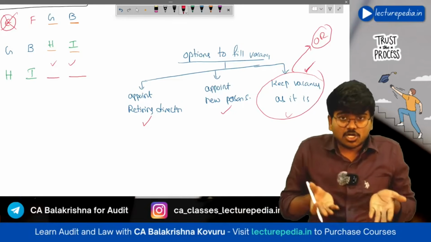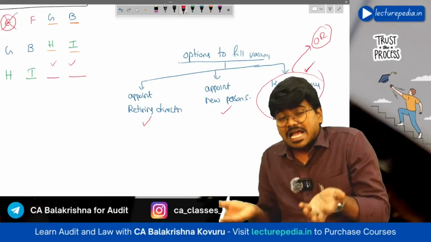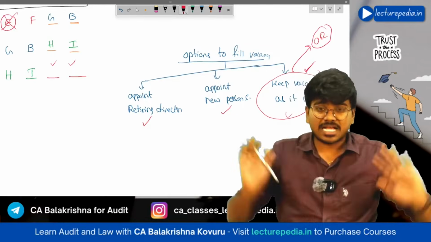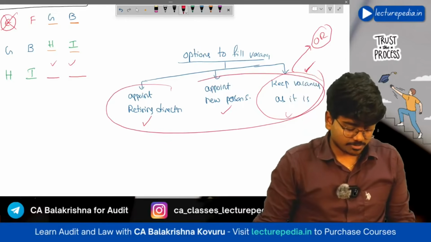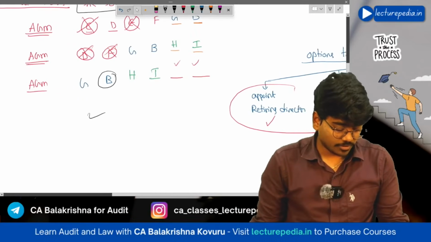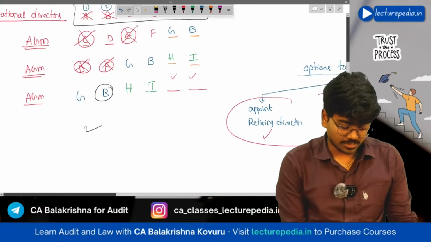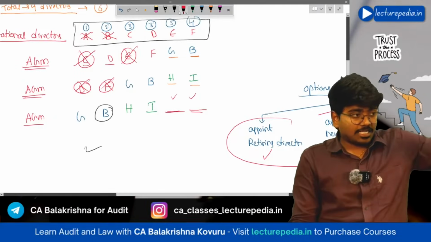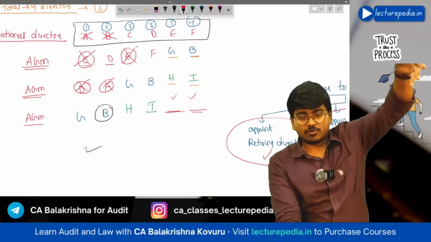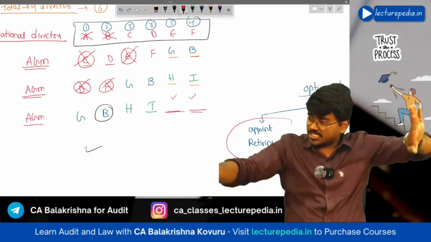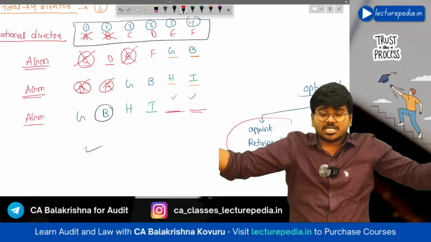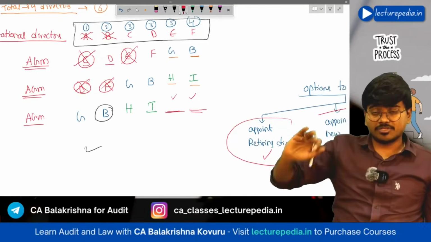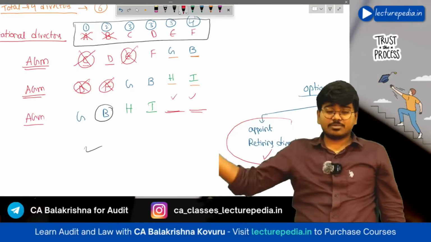But no resolution has been passed to fill these two vacancies, and the general meeting has completed. At the beginning of the general meeting, D and F retired, and shareholders have not passed any resolution about those vacancies. Without passing any resolution, the general meeting has completed.